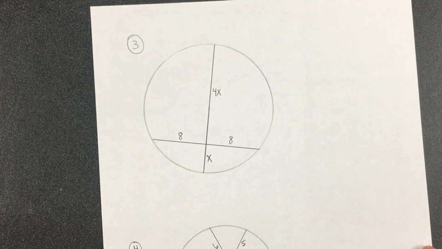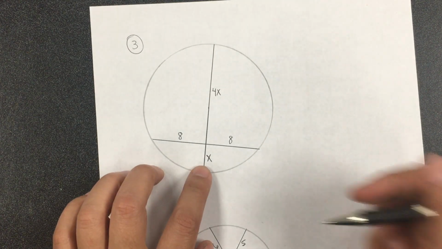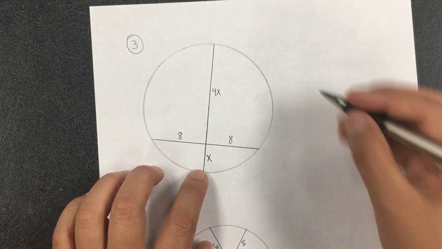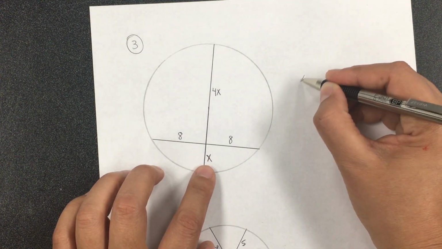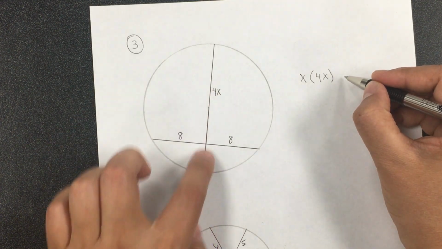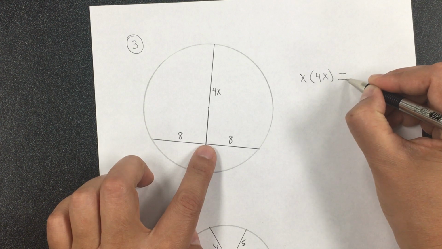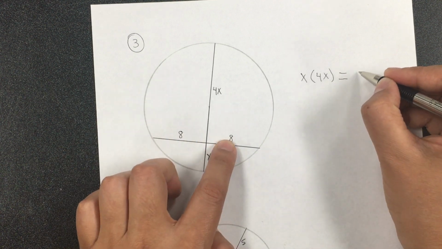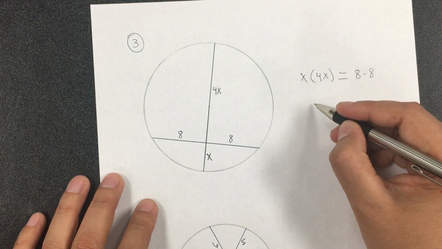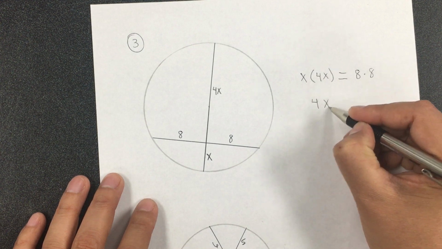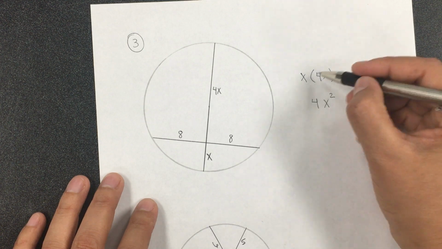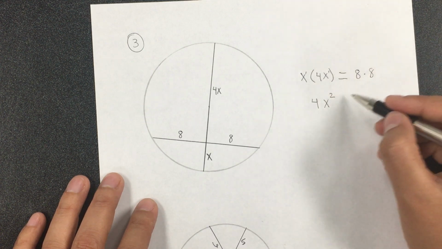Okay, let's look at this one. Again, multiply within each chord. So we have x times 4x, right? We multiply those, equals 8 times 8. And x times 4x is 4x squared, because x times x, just like we add the exponents.